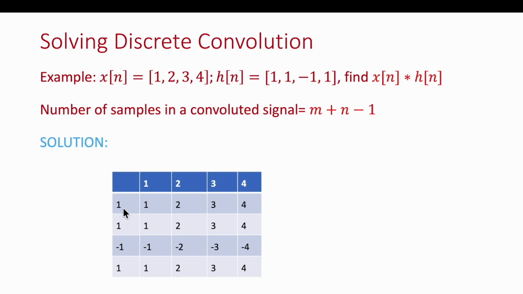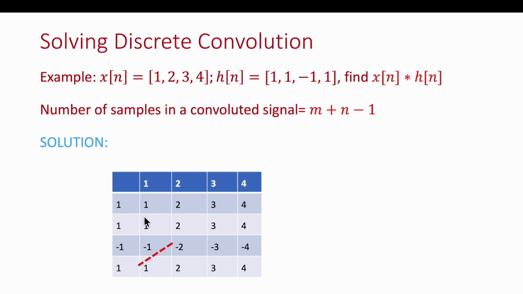Then you multiply the first component of the column with the first row: 1 multiplied by 1 is 1, 1 multiplied by 2 is 2, 1 multiplied by 3 is 3, 1 multiplied by 4 is 4. Similarly you perform the same operation with all the rows: 1 multiplied by this row, the answer is the same, minus 1 multiplied by this row, the answer is the same with sign change, and 1 multiplied by this row, the answer remains the same.